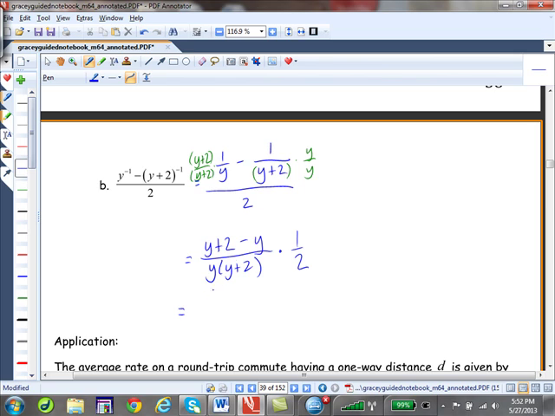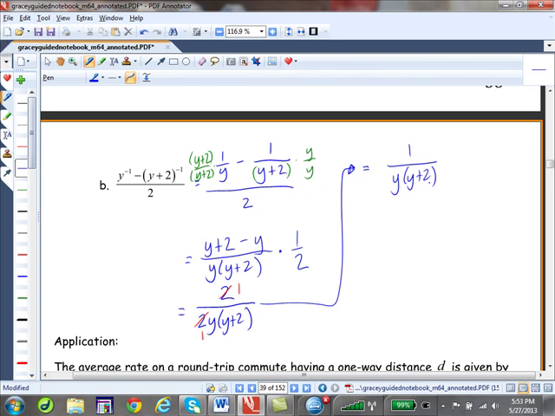So we will have 2 over 2y times y plus 2, and then the 2's will divide out and we will have 1 over y times y plus 2. Okay.